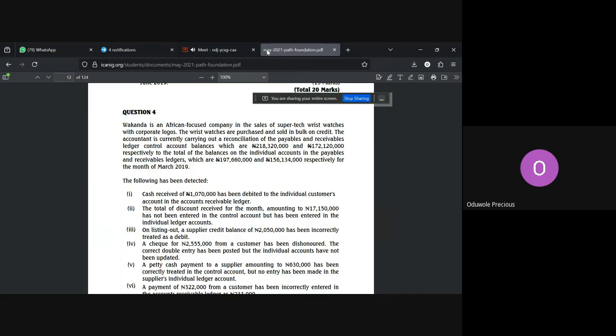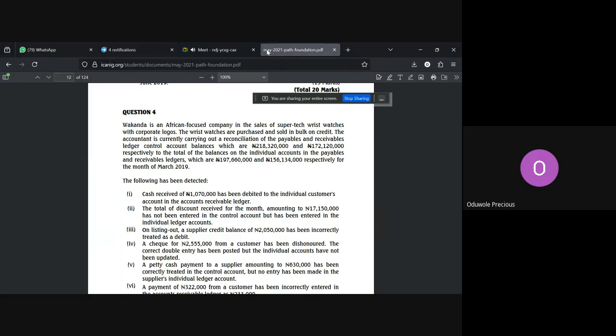The question says Wakanda is an African focused company in the sale of super tech wristwatches with corporate logos. The wristwatches are purchased and sold in bulk on credit.